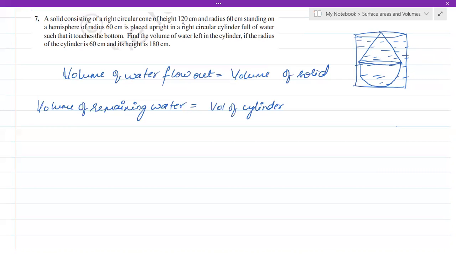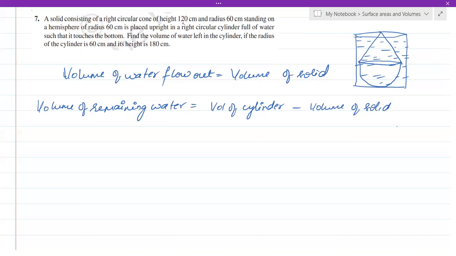When you had the cylinder completely filled with water, then some amount of water flown out. So volume of remaining water is equal to the water that was earlier minus the water flown out. What was the water that was earlier? It is the volume of cylinder. What is the amount of water flown out? That is equal to the volume of solid, isn't it?